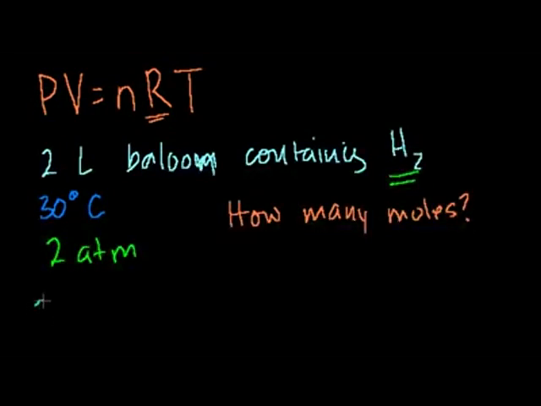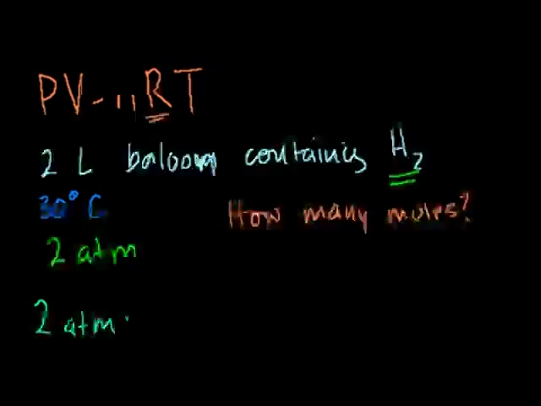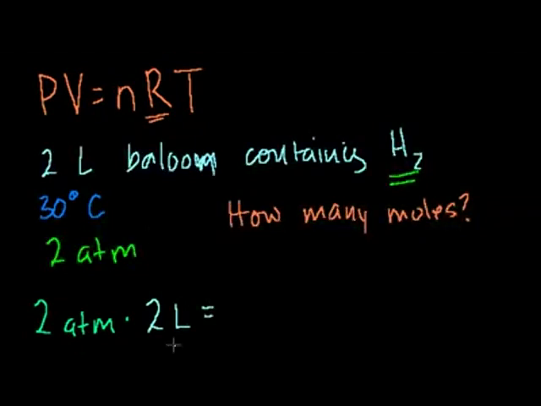We have 2 atmospheres times our volume, 2 liters, is equal to N, the number of particles we care about, and we care about it in moles, but let's just write N there for now, times R times T.